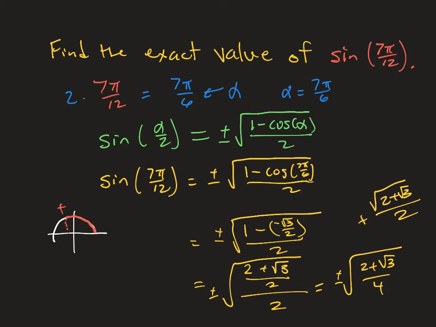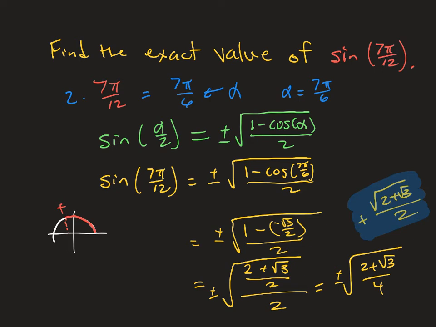Square root of 2 plus the square root of 3 over 2. Crazy answer. I'm not saying that this is something that looks awesome, but what I am saying is that we have found the exact value, as crazy as it looks, for the sine of 7 pi over 12.